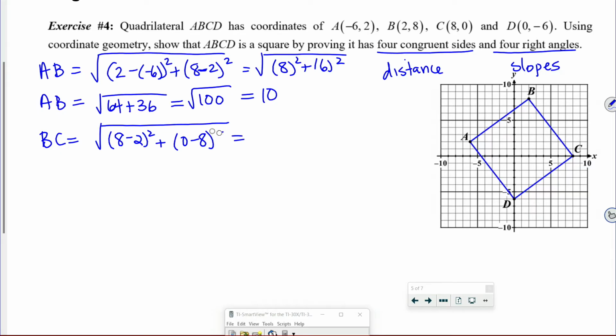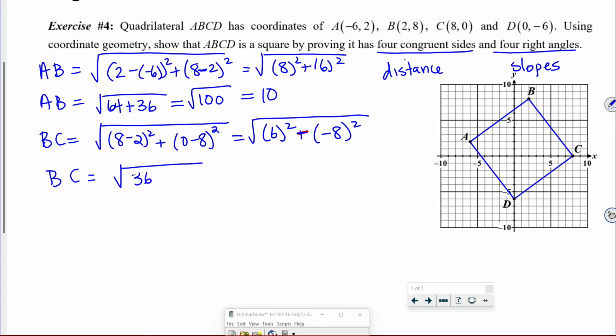All right, so BC, its length is going to be the square root of (8 minus 2) squared plus (0 minus 8) squared. I know these calculations are going to start to be mind-numbingly the same, but this is just what we're doing. We have 6 squared plus negative 8 squared. So BC is equal to the square root of 36 plus 64, which is the square root of 100, which is equal to 10. Awesome.